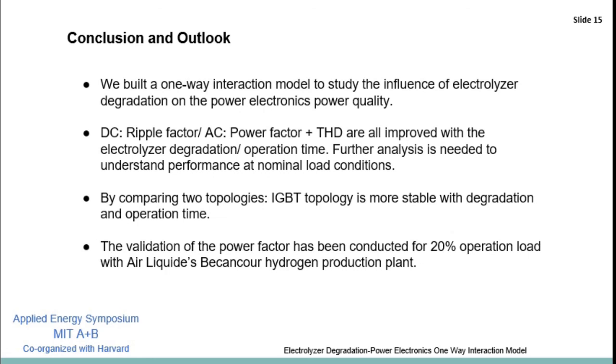This result is counterintuitive. It means with the degradation of the electrolyzer, the whole plant performance becomes worse. However, the power electronics performance is not decreased but increased. At this moment, we are still investigating the physics behind it.